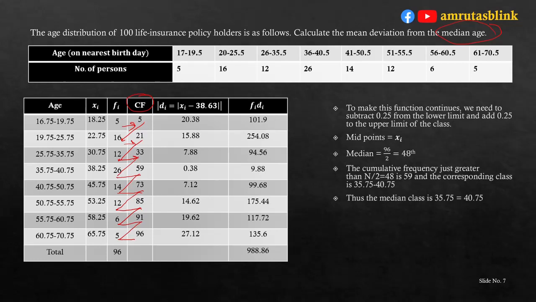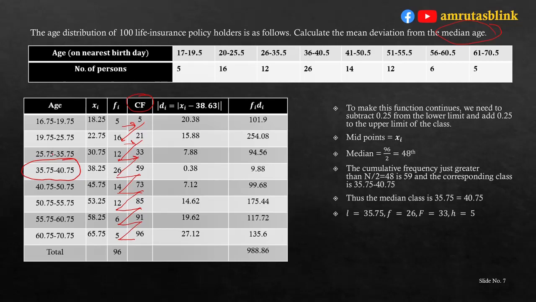Hence, the median class will be this fourth class, that is 35.75 to 40.75. Now, what is the lower boundary of this class? The lower boundary of this class, hence L, is equal to 35.75.